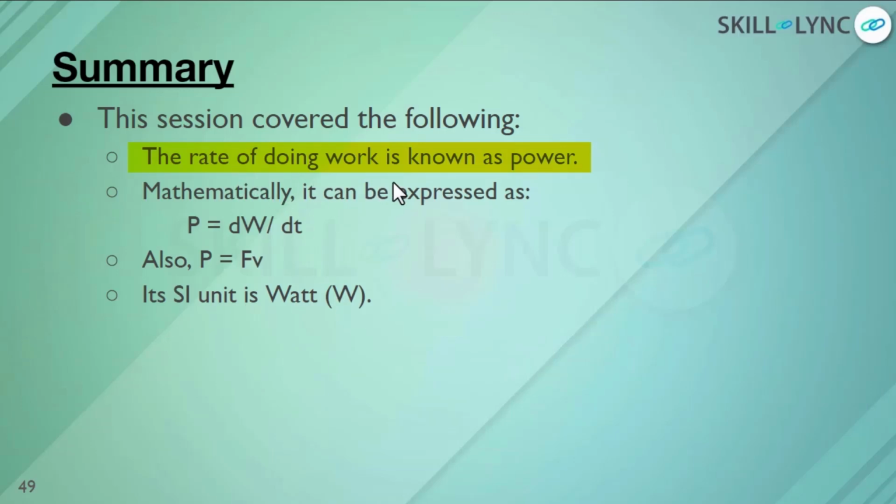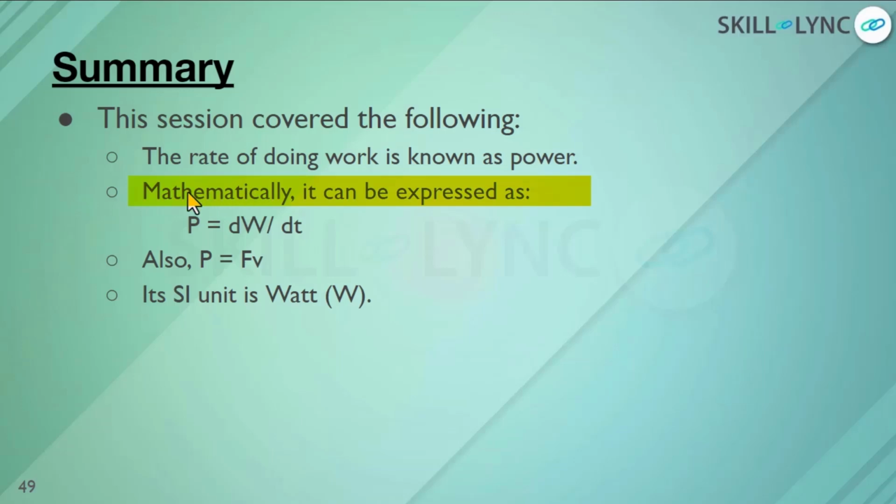Power is the rate of doing work. So work done per unit time can be said as power. Therefore, mathematically, it can be written as P is equal to dW by dt, where P denotes the power, dW is the work done in the unit time or in the mean time.